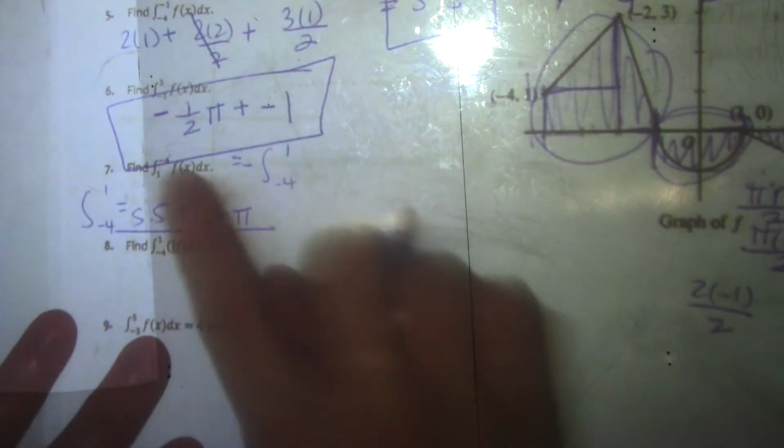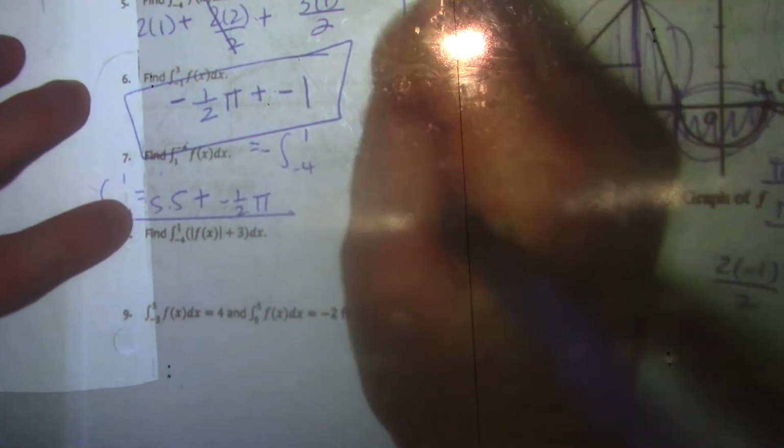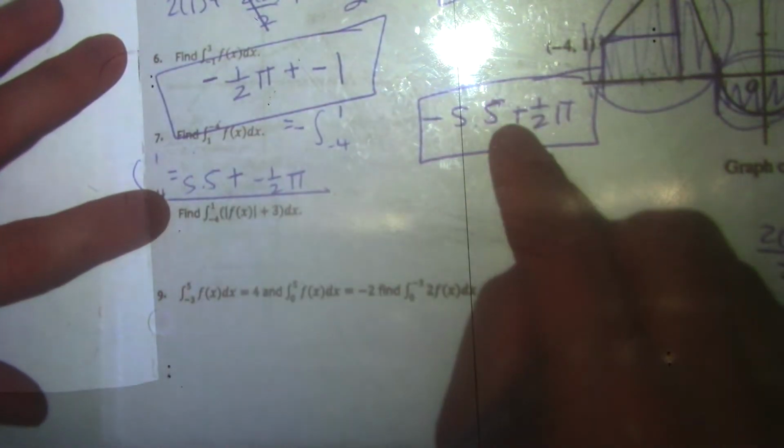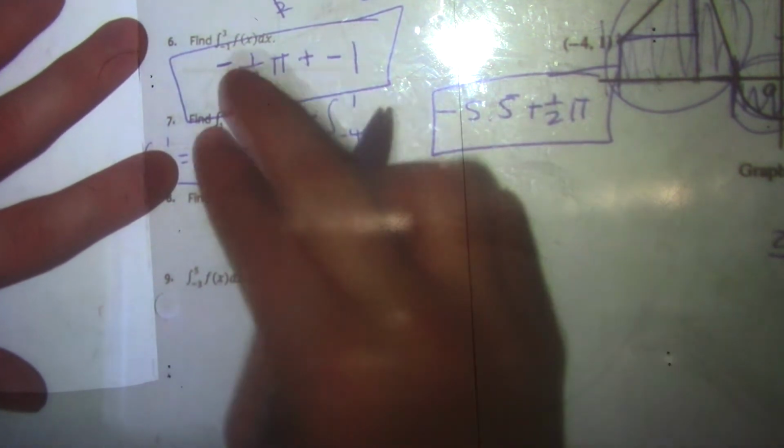So this is the area from -4 to 1. I don't want that, right? I want 1 to -4, so that's the flip. So that's going to become -5.5 plus 1/2 pi. Right? If I had gotten this was -2, you'd be like, oh, now it's +2. You just flip the sign. I have 2, and I flipped the sign of each because I flipped the order.